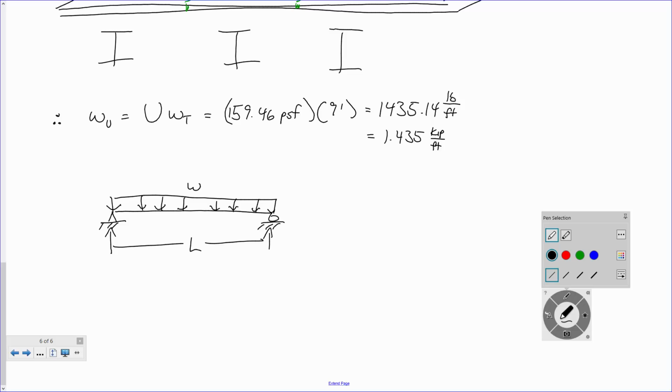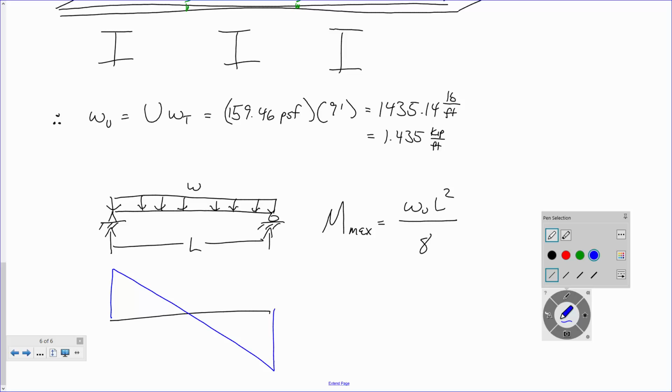Well, can you all draw the moment diagram for that? Let's say you don't want to draw the moment diagram. Who can tell me what the maximum moment for this situation is going to be? There we go. It's WL squared over 8. Now, why is it over 8? Watch this. Would you agree that your shear diagram is going to look like that?